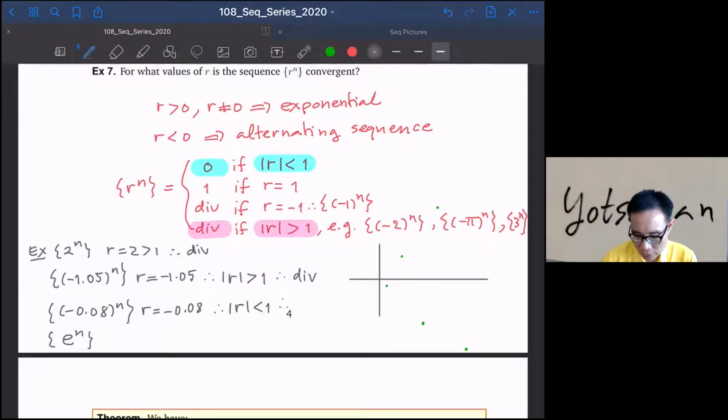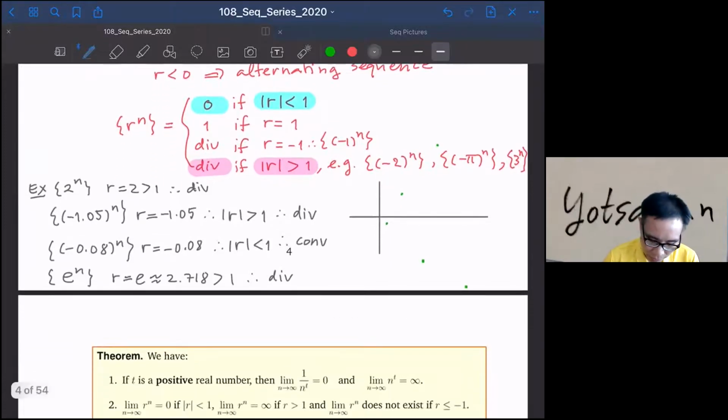So in this case, it is convergent. And here you have r equal to e, and e is about 2.718, so more than 1. So it would be divergent.